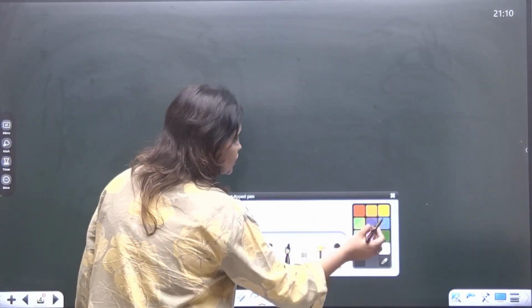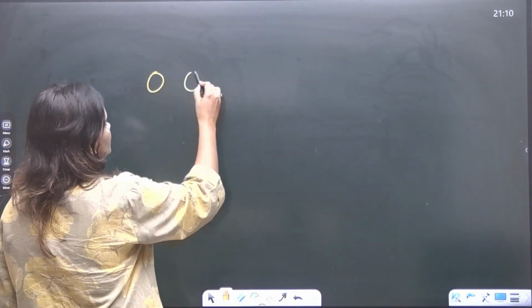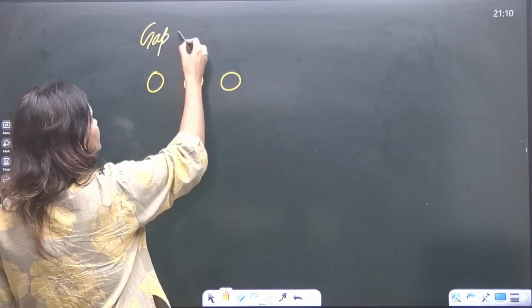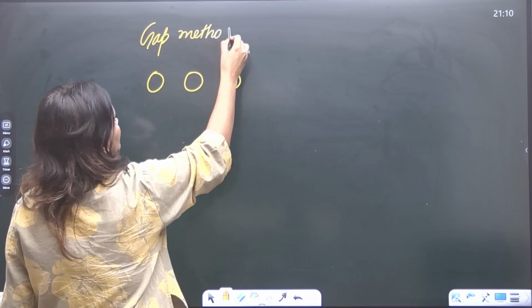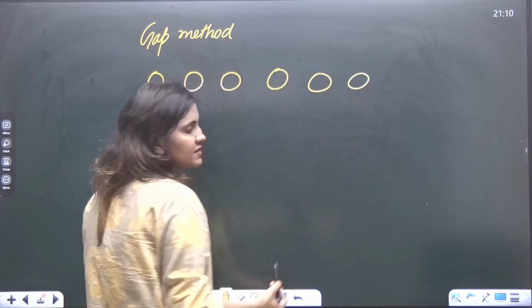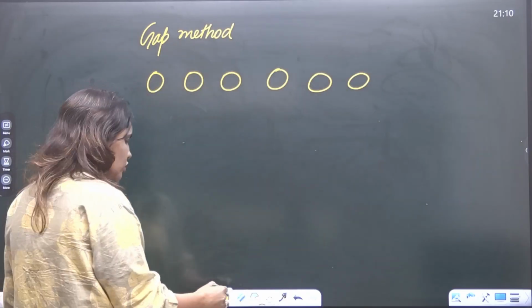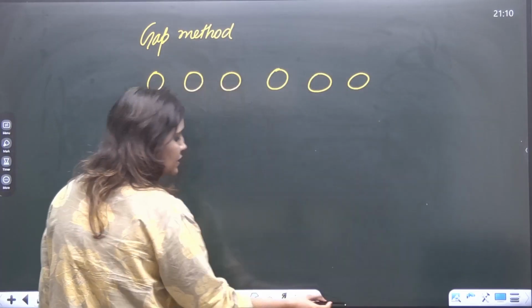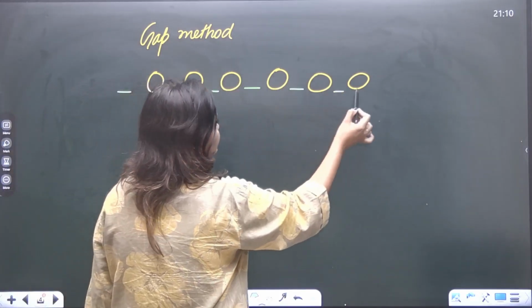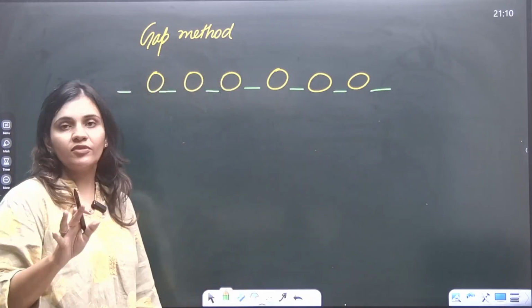I will arrange the 6 zeros first. We will use the gap method. So I will arrange 1, 2, 3, 4, 5, 6 zeros. I arranged the 6 zeros, and now I will count the gaps: 1, 2, 3, 4, 5, 6, 7. So there are 7 gaps.